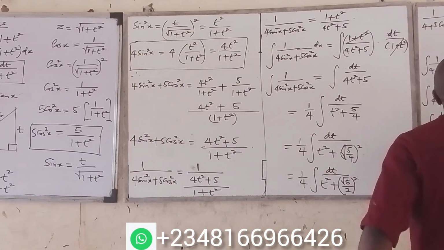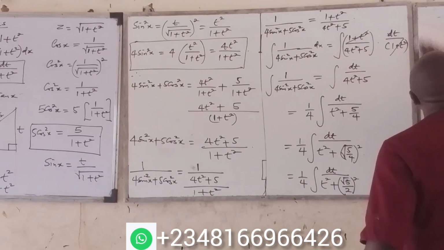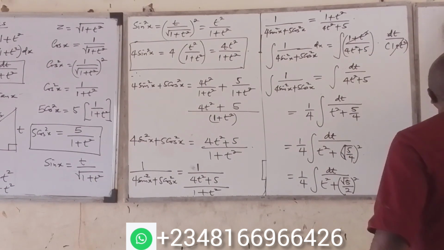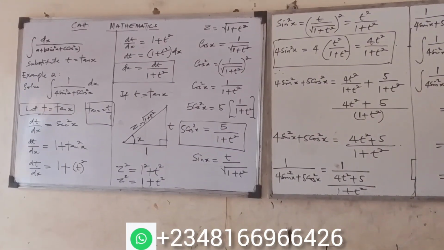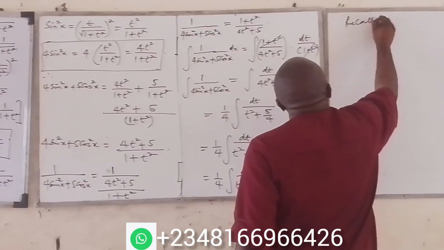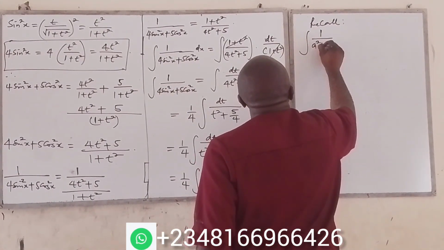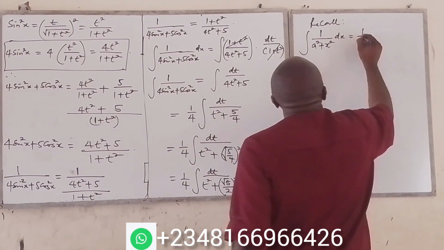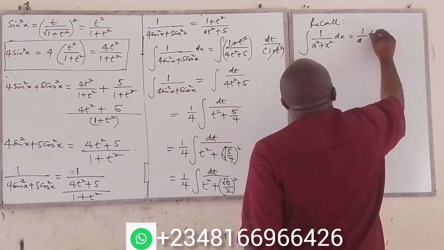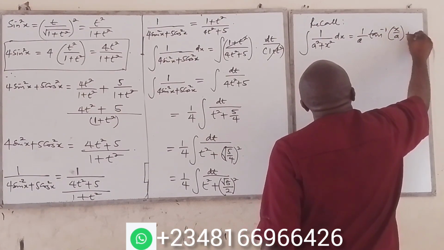Now, remember the integral of 1 all over a squared plus x squared. We have actually done that. Recall, integral 1 all over a squared plus x squared dx is 1 all over a, then we have tan inverse of x all over a, plus c.